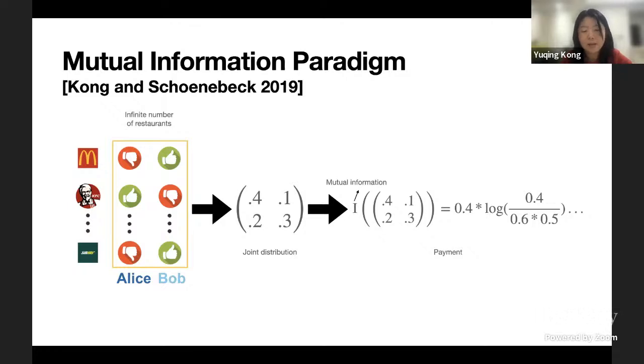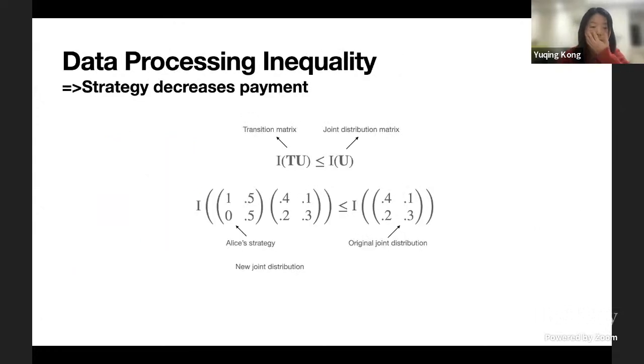After we get the joint distribution, we can calculate the mutual information based on it. Intuitively, no matter whether they are positively correlated or negatively correlated, the mutual information is high. We are going to use this mutual information as their payment. The reason we want to use mutual information is the data processing inequality.